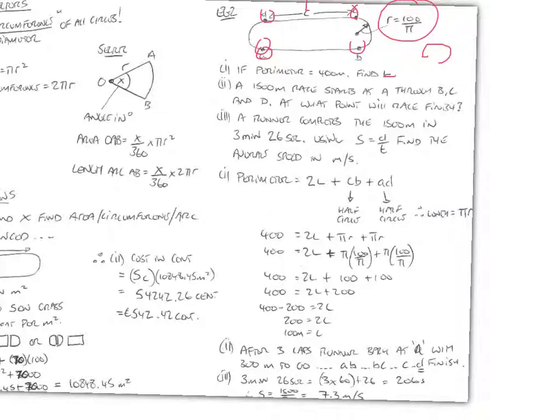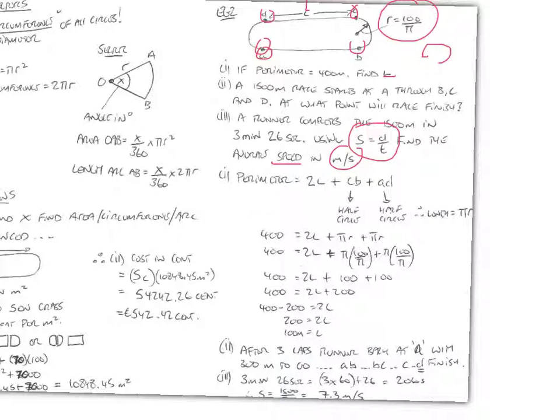And finally, a runner completes the 1500 metres in 3 minutes 26 seconds. Using speed equals distance over time, find the average speed in metres per second. So we'll have to change the minutes and seconds to seconds to proceed with that one. But we'll start with finding L.